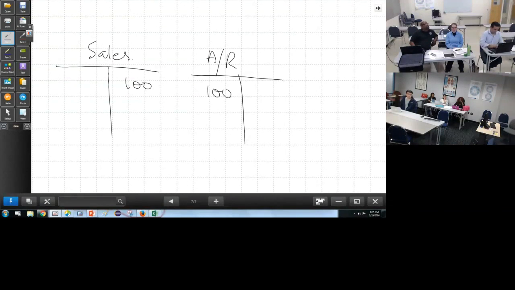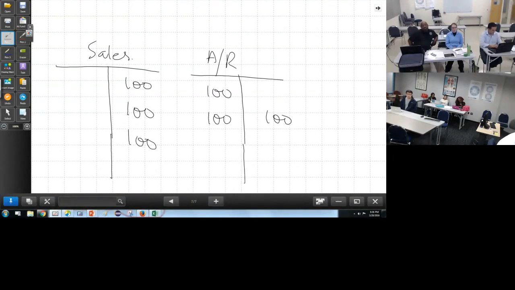We will collect this money from our customer. Okay. So then we made another sales transaction of $100. That goes again to accounts receivable. But in the meantime, we collected this 100 from one of the customers. Make sense? Again, we made another sales transaction. This goes on.